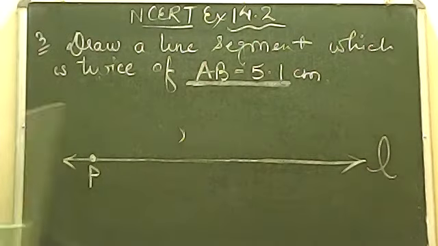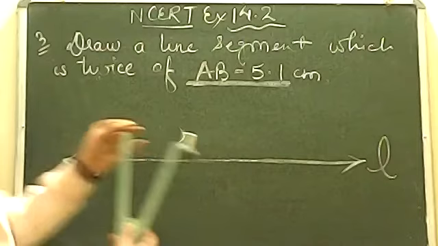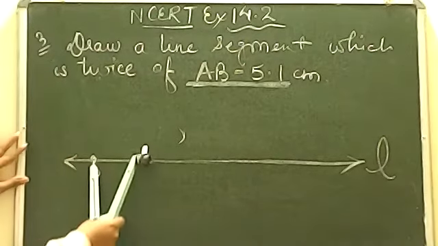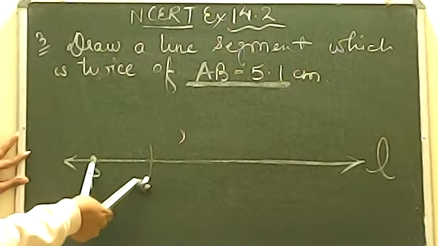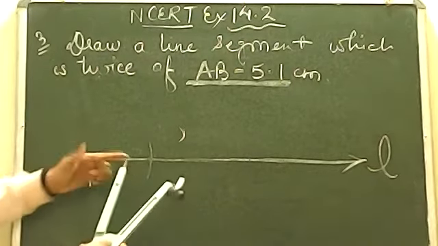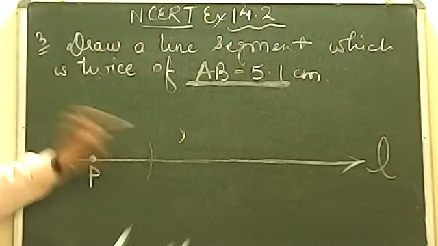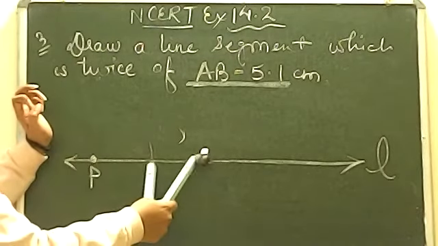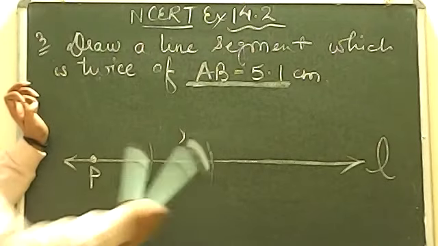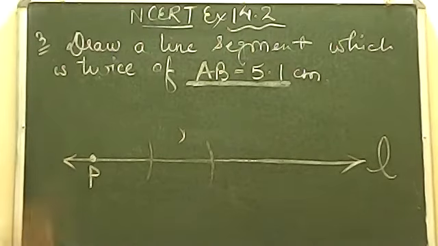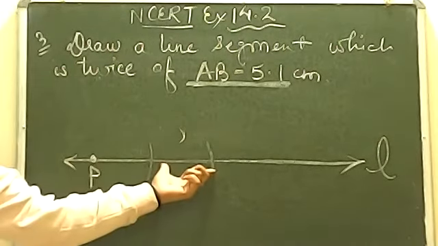So what I will do, I will simply take my pointer on point P and I will make the first arc of 5.1 and I will place once again the needle on the first point which I have marked here, and again I will draw the same arc like this. Now you can see here one time is this and one more time 5.1.